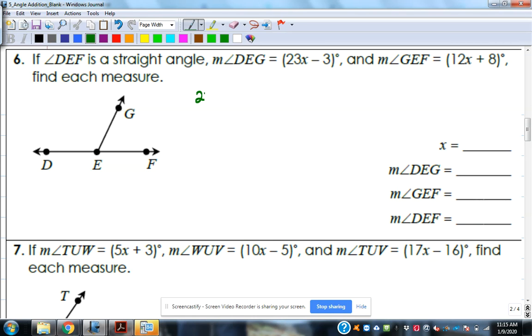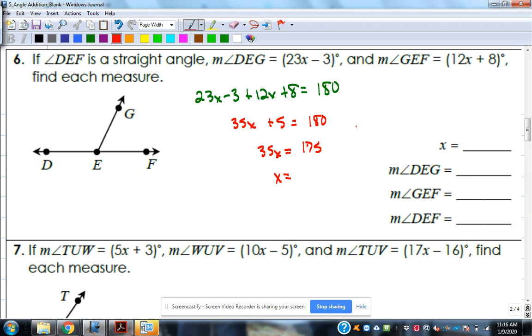Good job, because we're dealing with a straight angle here. And then solve it. 35x plus 5 equals 180. 35x equals 175.